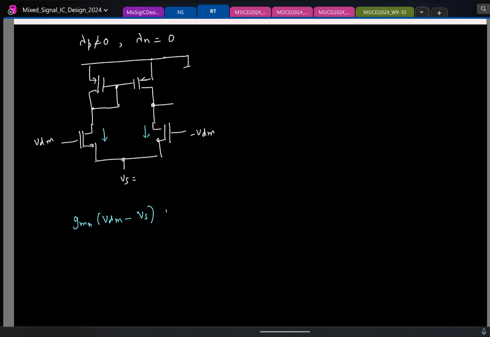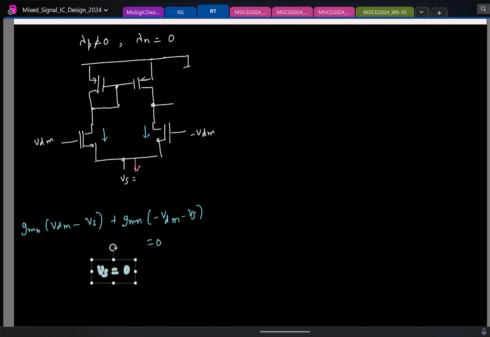So if I do that, I'll have gmN. And what is the current flowing here? Open circuit, what is the current? 0. So if I solve for it, what do you get? Right? Now, of course, you get this result.